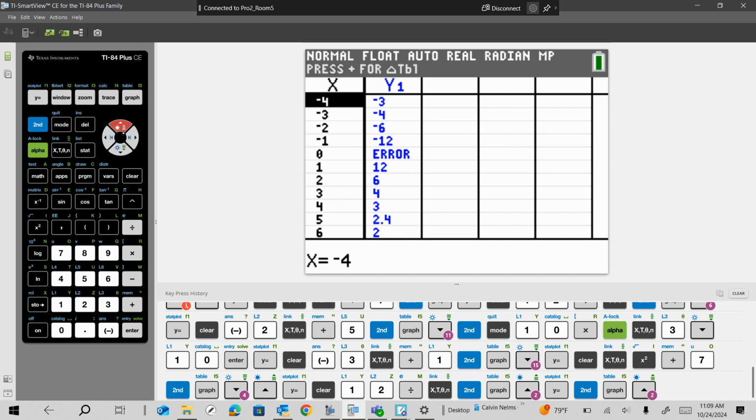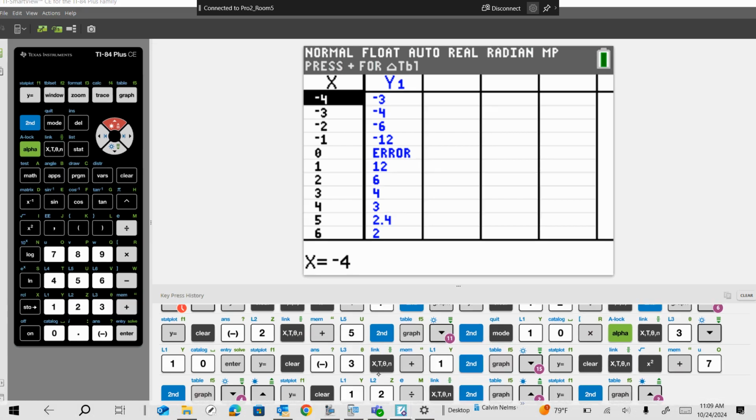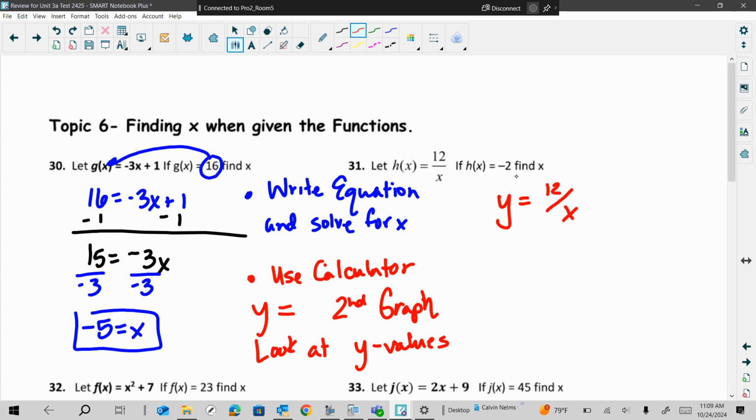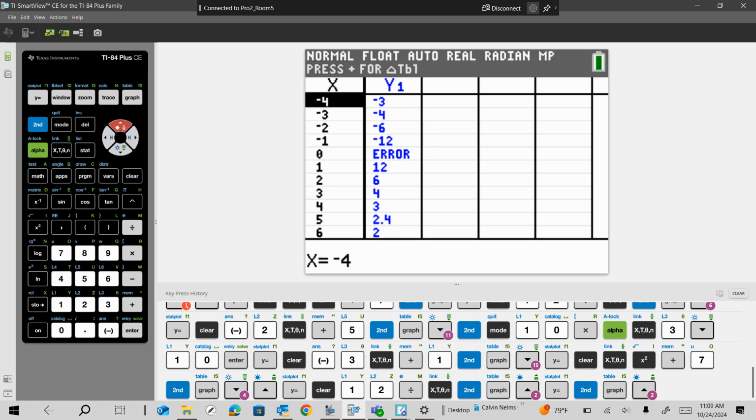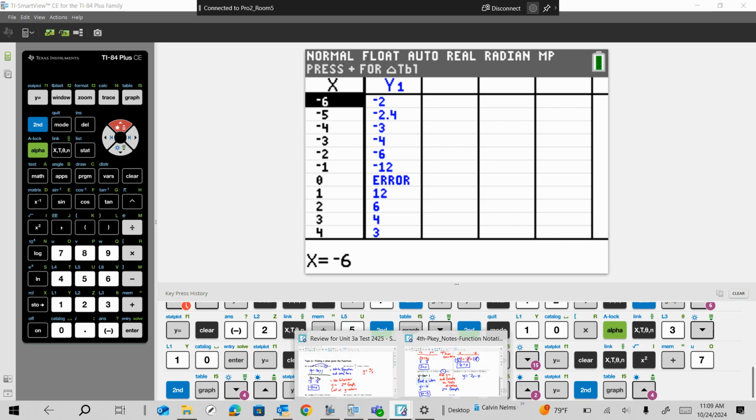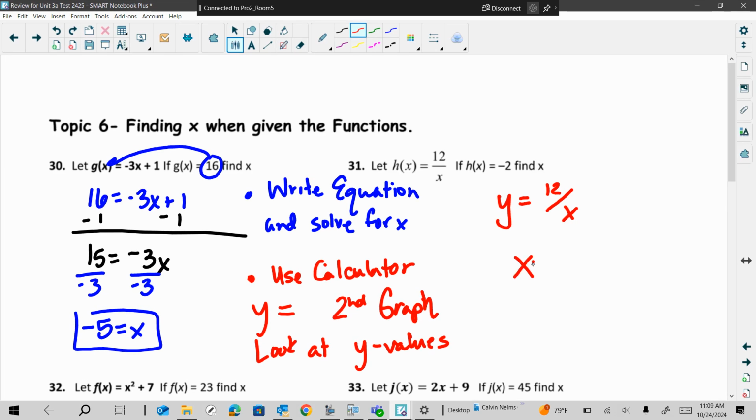I can't remember. Yeah, so right now I got to keep going up. Here it is. So negative 6 is our answer. Don't look at the x, look at the y first, and then x is your answer.